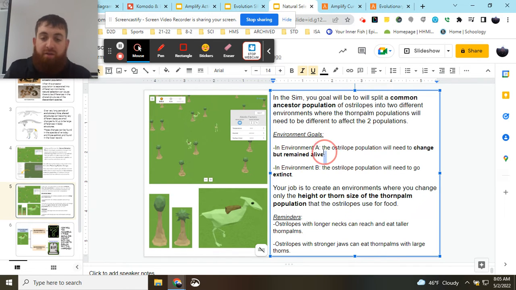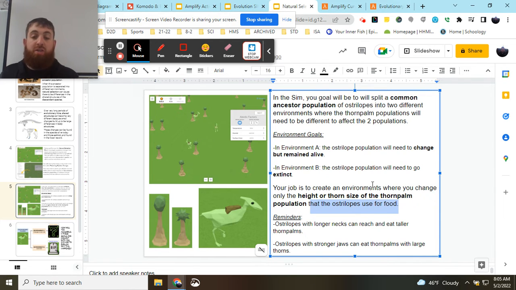So your goal in environment A, your job will be to have the Australope population change but remain alive. So your job is to cause them to evolve and change but stay alive as a population. Whereas in environment B, your job is to cause them to go extinct. So to do this, you'll need to create an environment where you can change only the height or the thorn size of the thorn palms that the Australopes use as food.